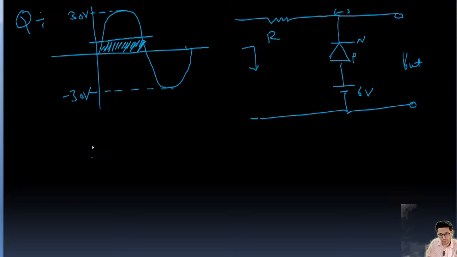So the clipped part of the graph is going to be this one, 6 volt clipped, right? It is going to be like this. The second part is 0, right? This will be the figure, guys.